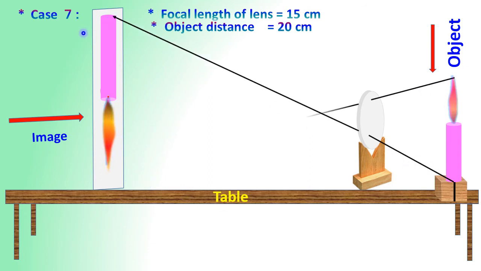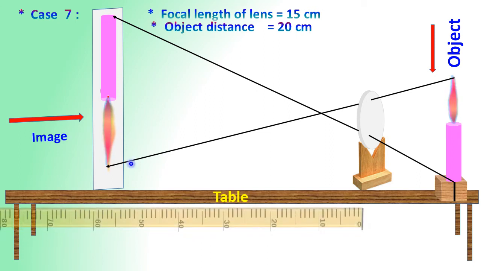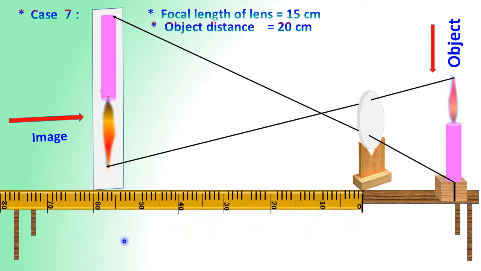These are the two rays. To locate the position of the image, I am drawing these two rays. Now, the image distance is 60 centimeters. In the earlier case, when the object was at the distance of 60 centimeters, image was formed at the distance of 20 centimeters. Now, here is the reverse case.